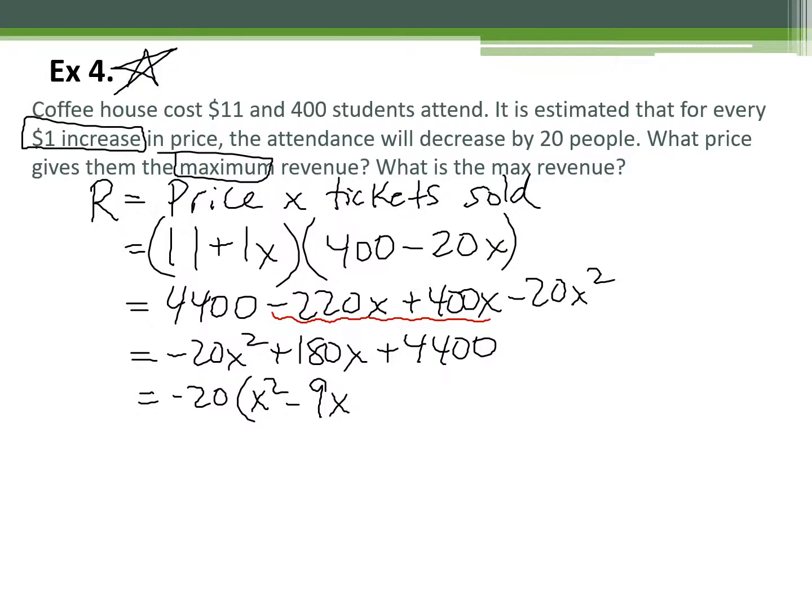Half it and square it. So if I take half of 9, it gives me negative 4.5. And if I square that, I should get 20.25, minus 20.25 and then plus 4,400 on the back end.